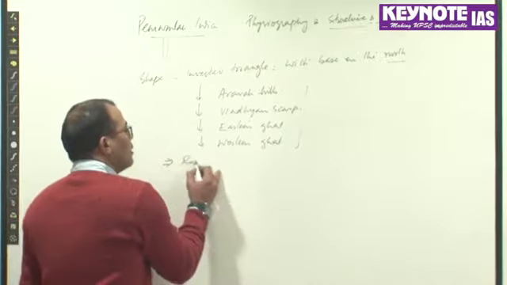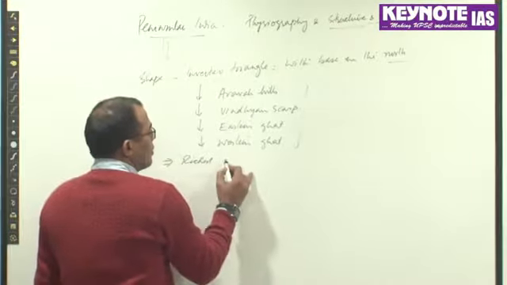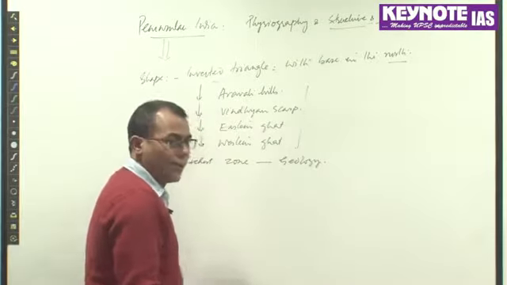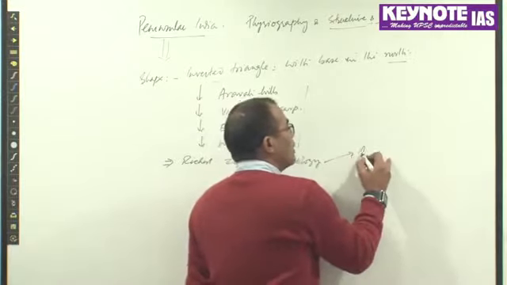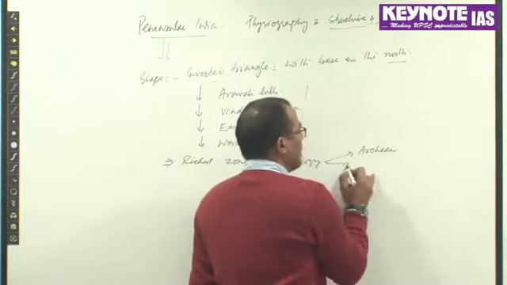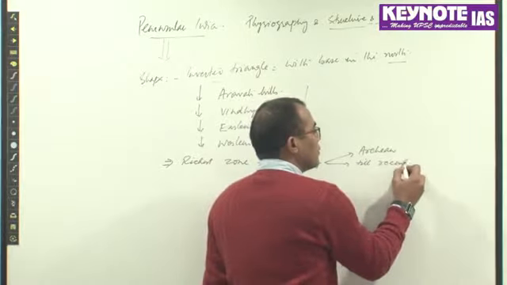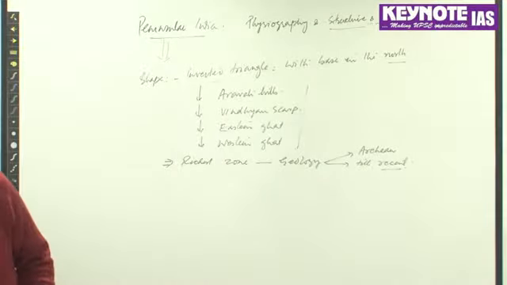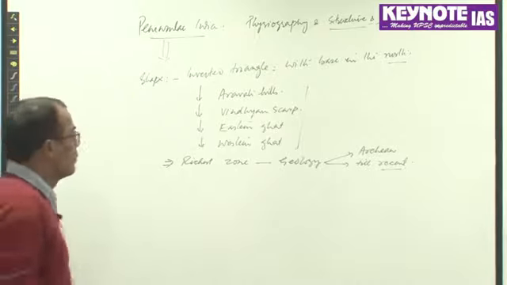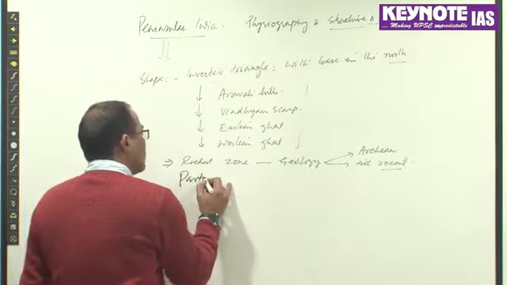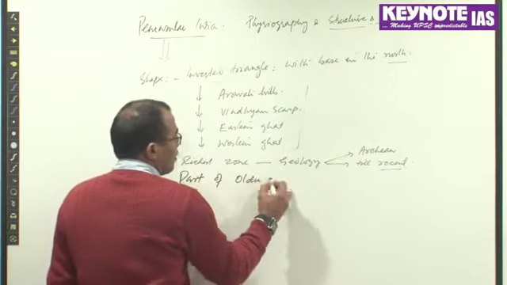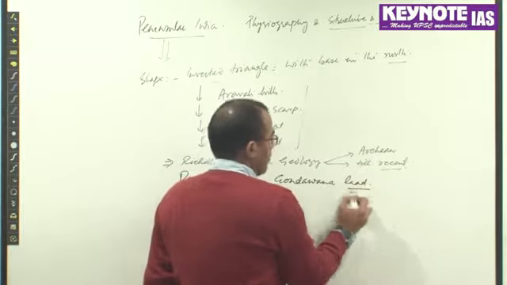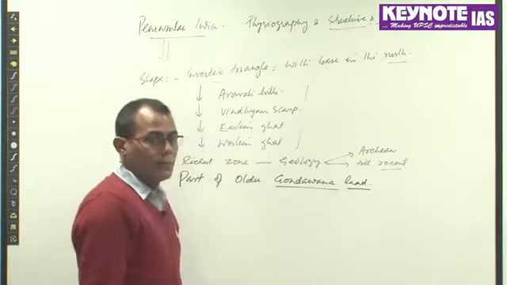Physiographically, it is the richest zone in terms of geology. Rock types start from Archean till recent. Part of older Gondwana land. Right?